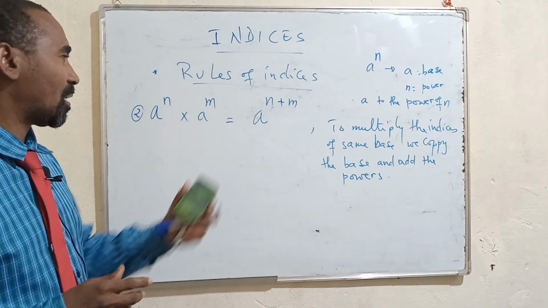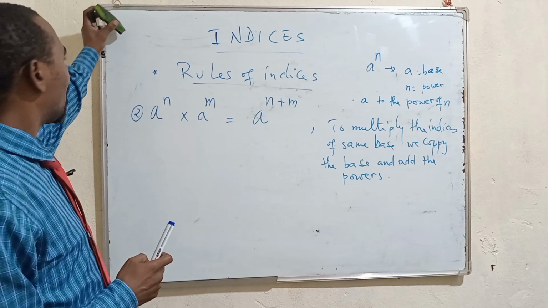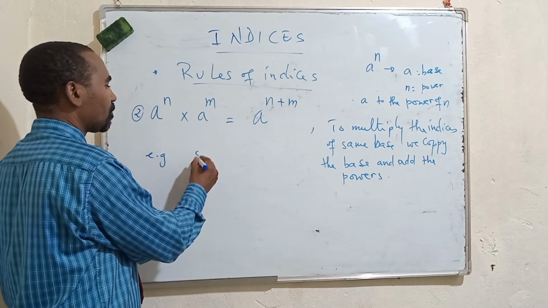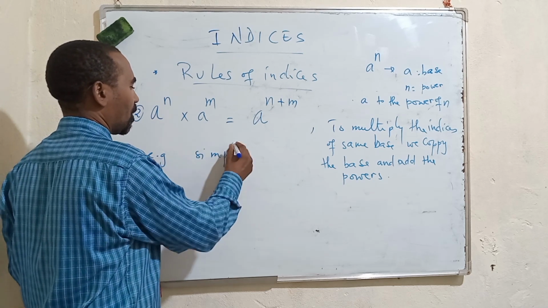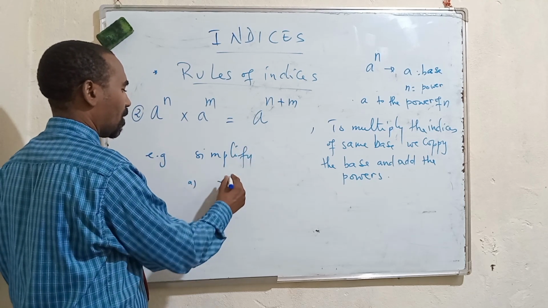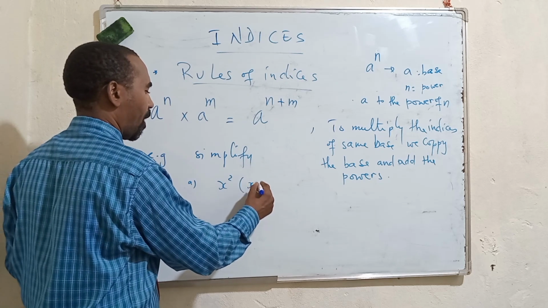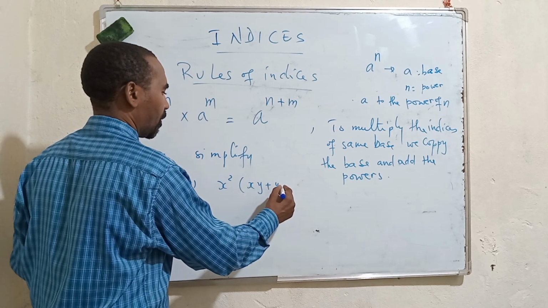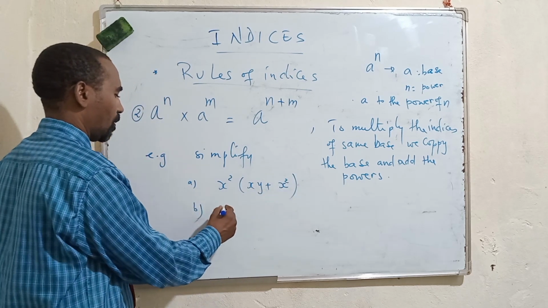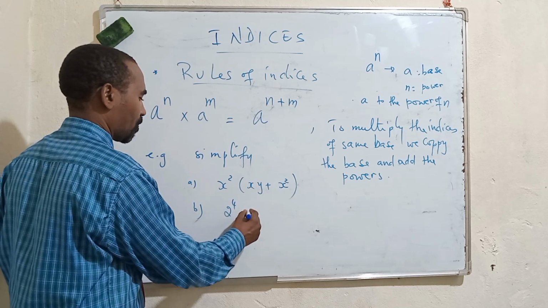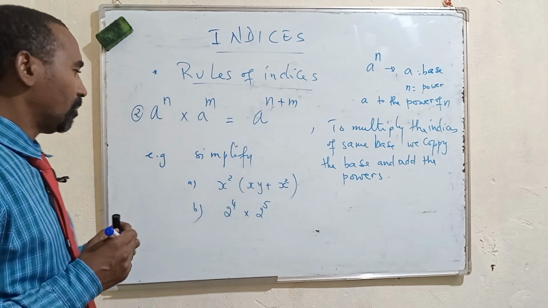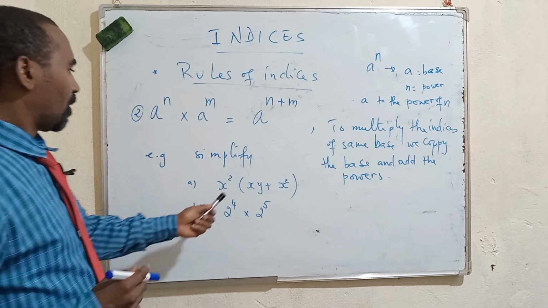We can now have examples to understand this property better. Example 1: simplify x power 2 times (xy plus x power 2).